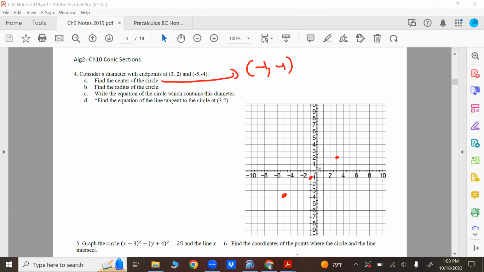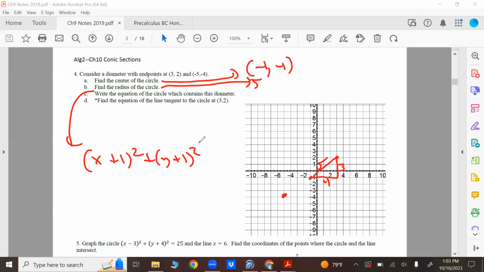The radius should be 5, I think. Yep. The equation should be x plus 1 squared plus y plus 1 squared equals 25. Okay, not the best looking circle, but we'll go with it.